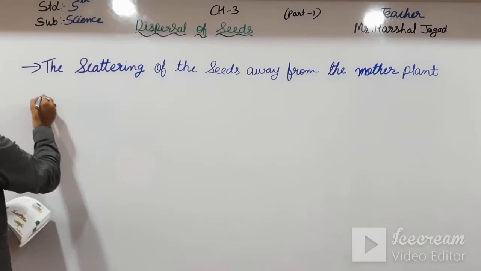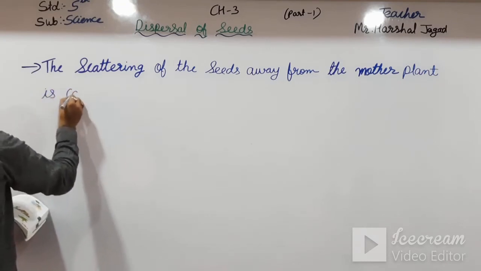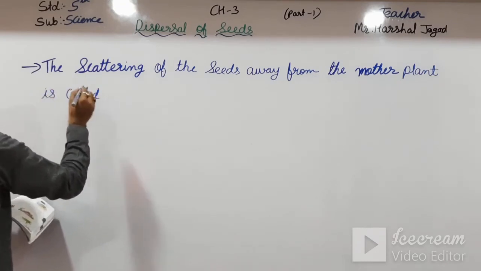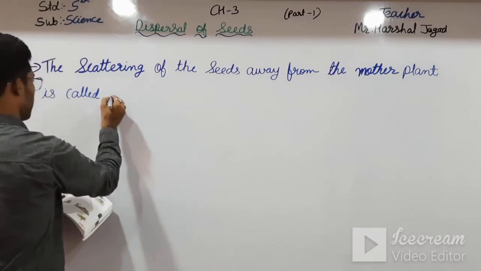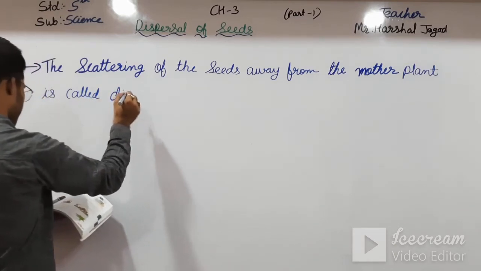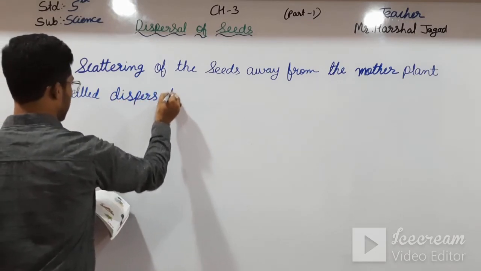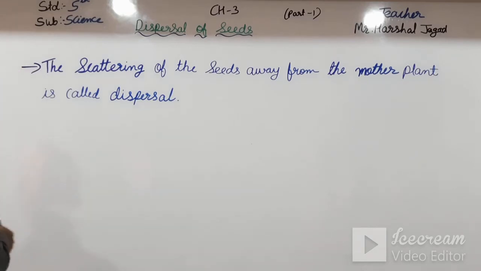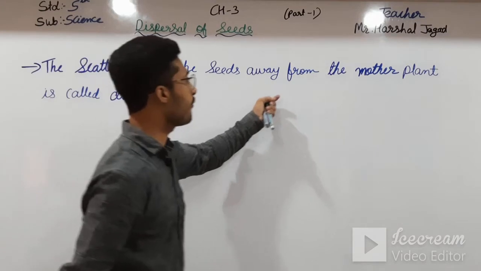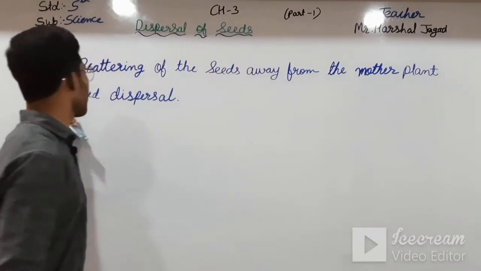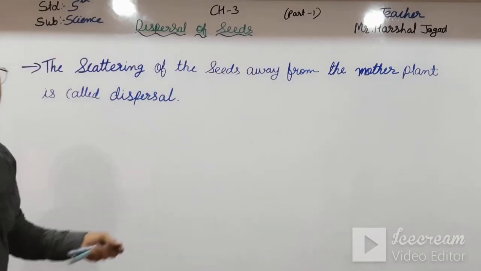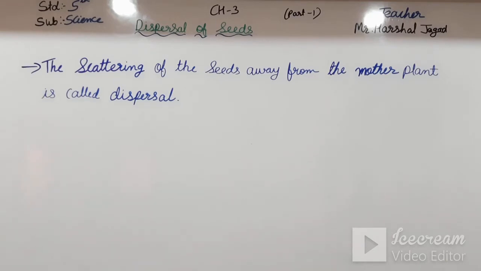Students, this is dispersal: the scattering of the seeds away from the mother plants is called dispersal. Now going towards the next.